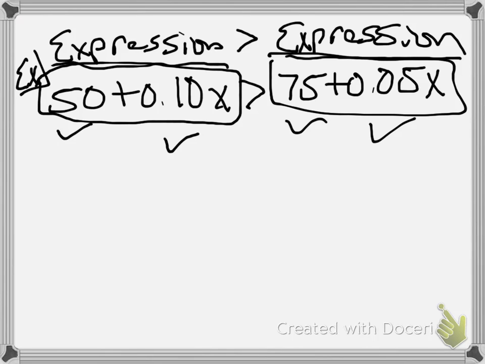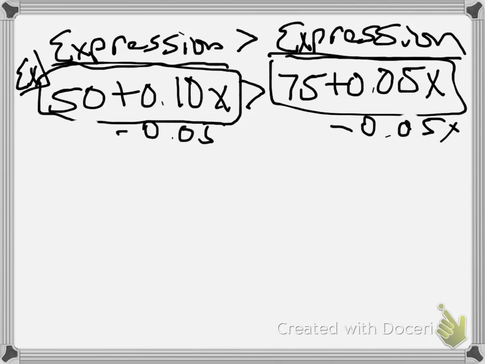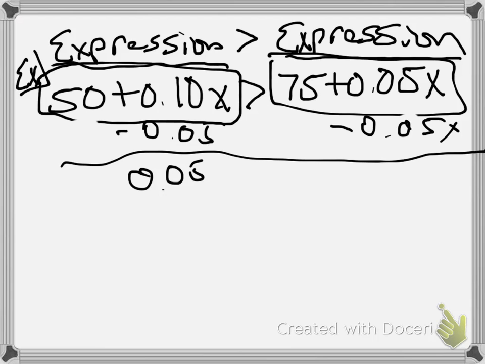We can figure that out by doing some algebra. Let me erase some stuff. We'll get all the variable terms on one side. I'll do that by subtracting 0.05X on both sides. That leaves me with 0.05X.